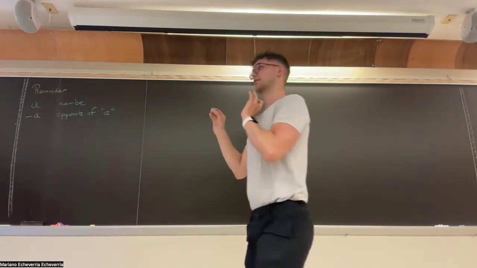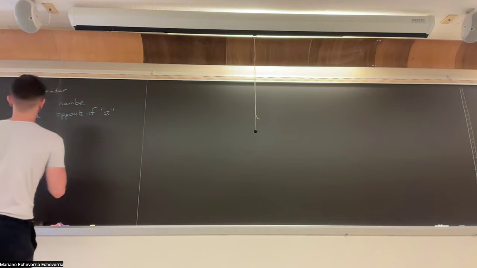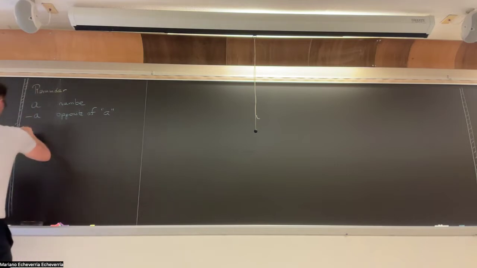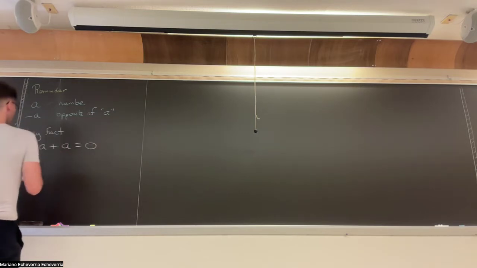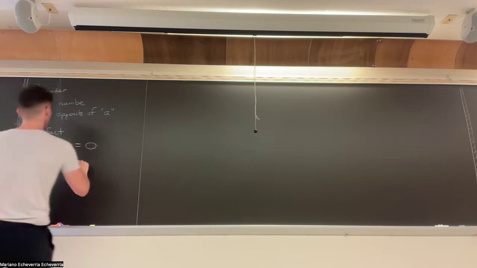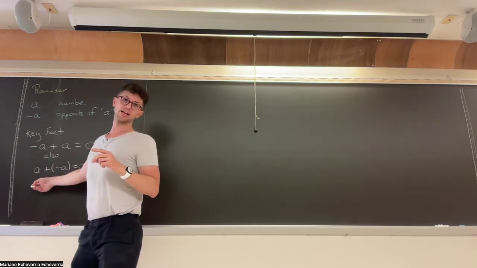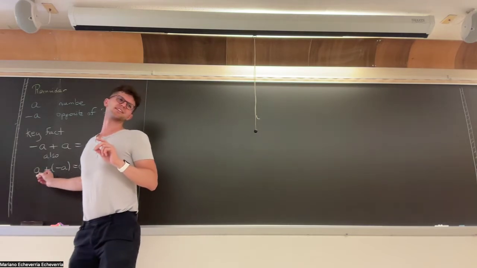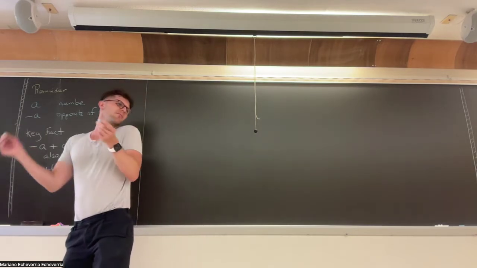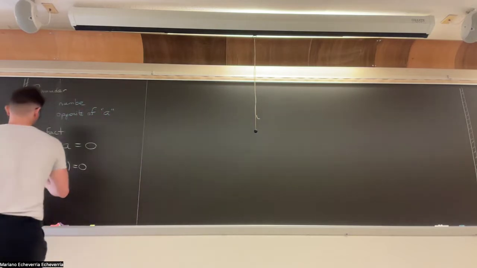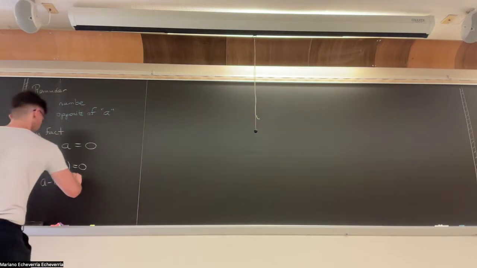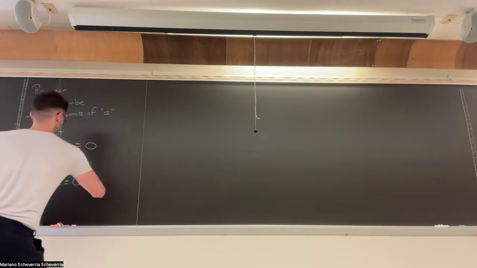That's the key property of minus A. So the key fact that you need to remember always is that negative A plus A equals zero, which is also that A plus negative A equals zero. This is a little bit odd to write this way, to have the plus and the minus next to one another. So typically you just write A minus A equals zero, right? And so these two things mean the same.